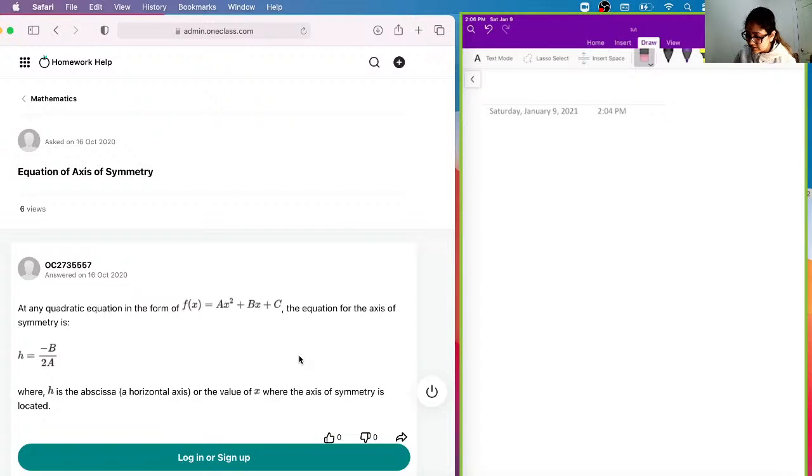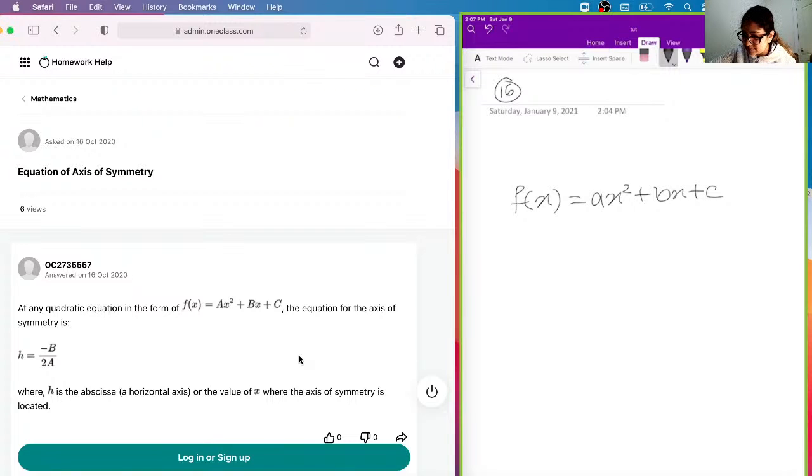And the next question says, equation of axis of symmetry. So what we want to do is find the equation of the axis of symmetry. We know that a quadratic function is in the form of f of x equals ax squared plus bx plus c.